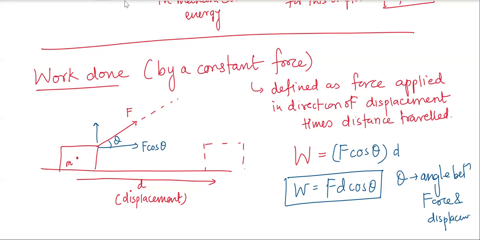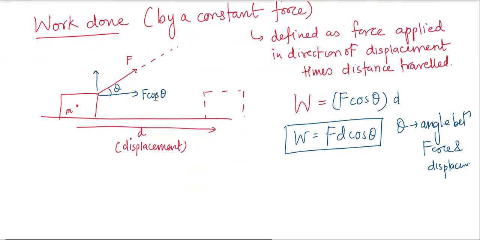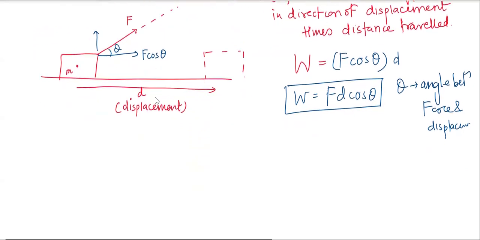It means that if the force is vertical and the displacement is happening horizontally, then cos theta, cos 0 degrees is 1. It means the force is in the direction of the displacement.